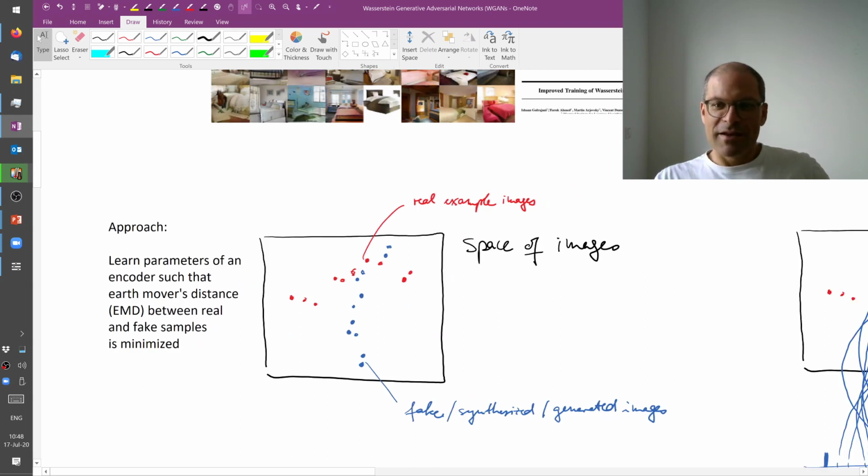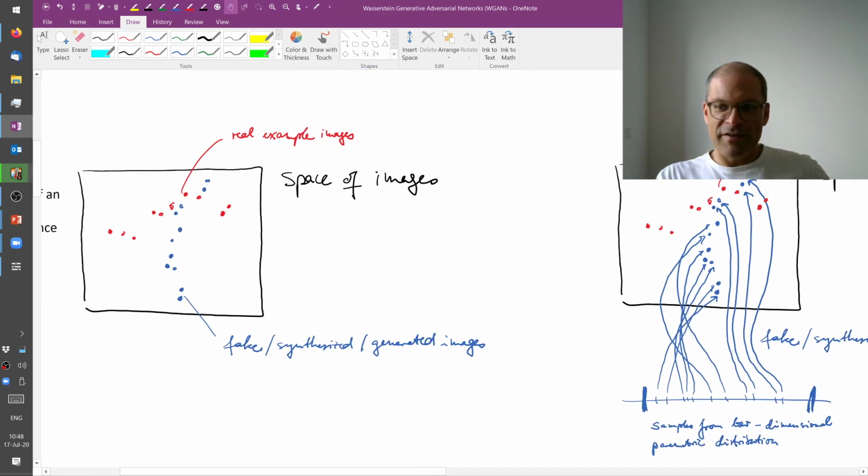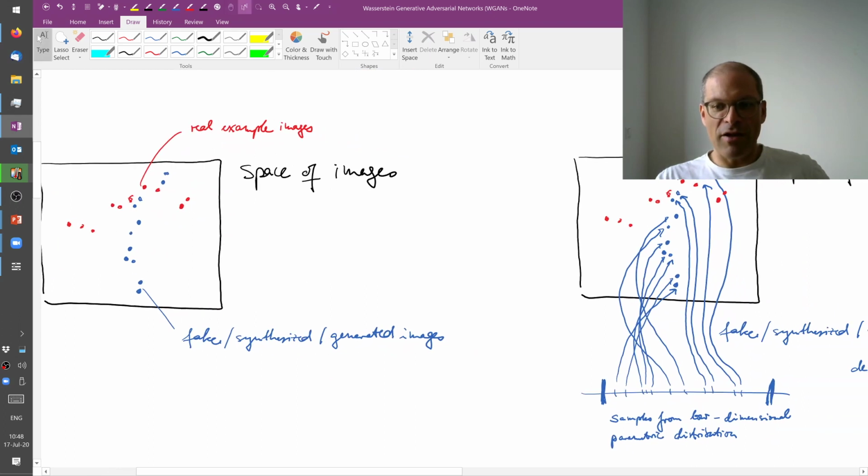Now, the general idea is that you have an encoding neural network which takes samples from a low-dimensional parametric distribution. For example, this distribution is often a uniform distribution or a Gaussian.